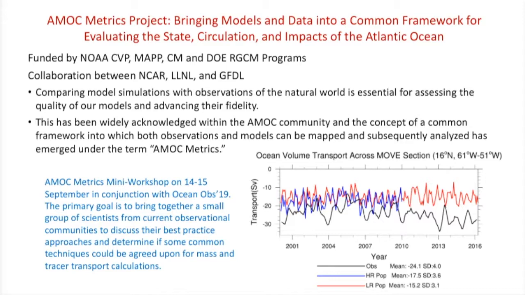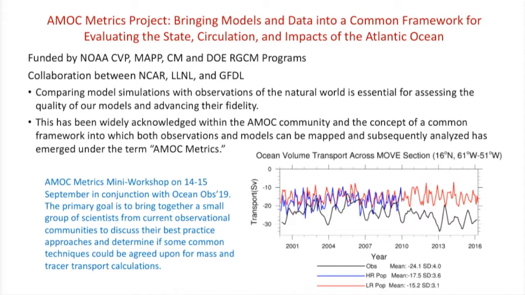This is just to give you an example of what we are after. This shows the ocean volume transport from a high resolution and low resolution model version with the Parallel Ocean Program. Those are the red and blue lines here. If we just naively compare with the directly available MOVE transport estimate, given by the black line here, there's quite a bit of discrepancy between what we get from the model and what the MOVE array tells us.